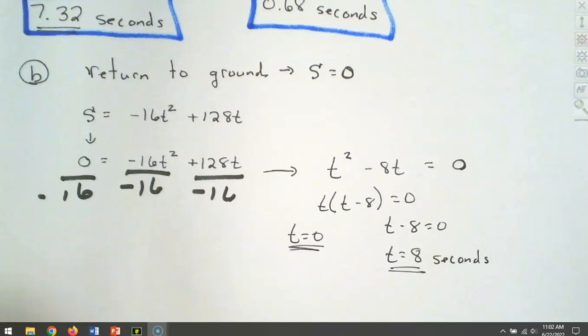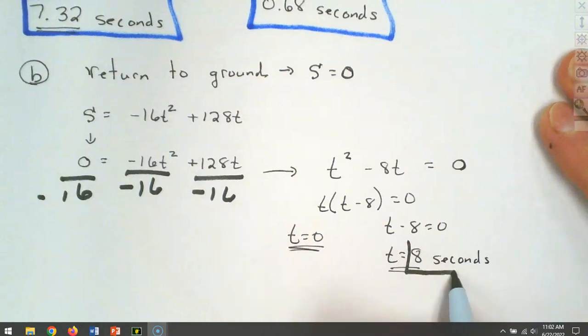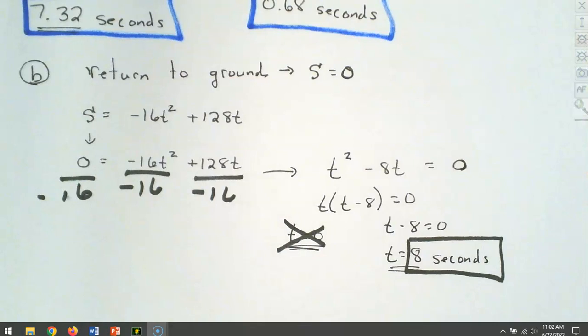That's why one of our solutions is 0, because at time 0 it's sitting on the ground. Then once the fuse is lit, it goes up in the air, and eventually 8 seconds later it comes back down. So we don't need to include t equals 0 because we know the rocket starts on the ground.